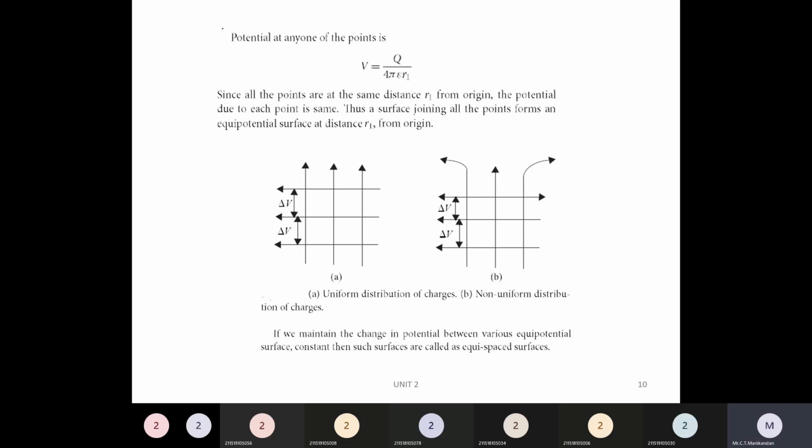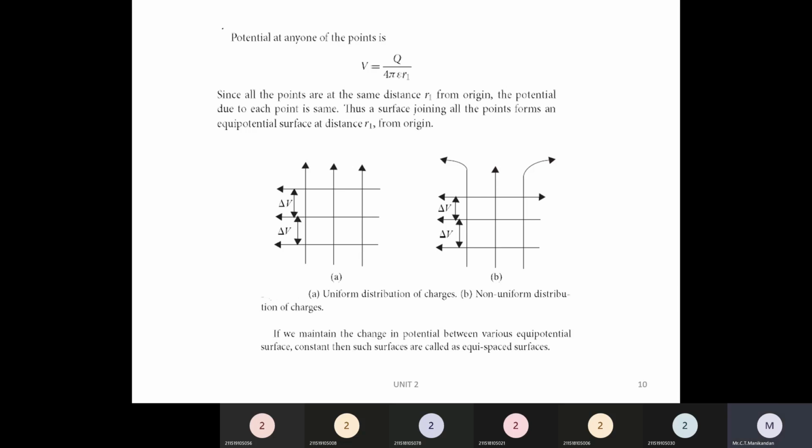The last one we saw was the equipotential surface. Now the equispaced surface. What is an equispaced surface? In the diagram, if the change in potential del V is constant throughout the surface, then it is called an equispaced surface. In the first diagram we have a uniform distribution of charges, and in the second a non-uniform distribution of charges.